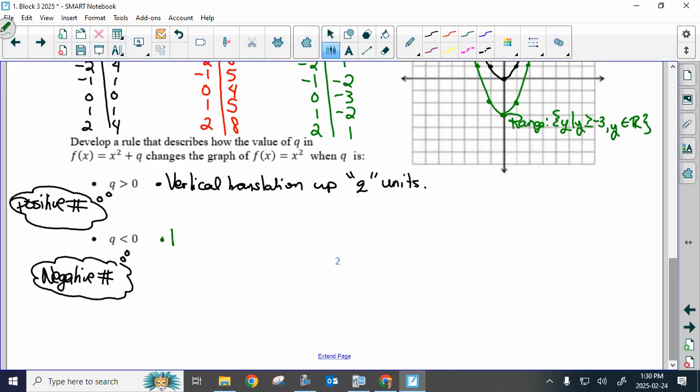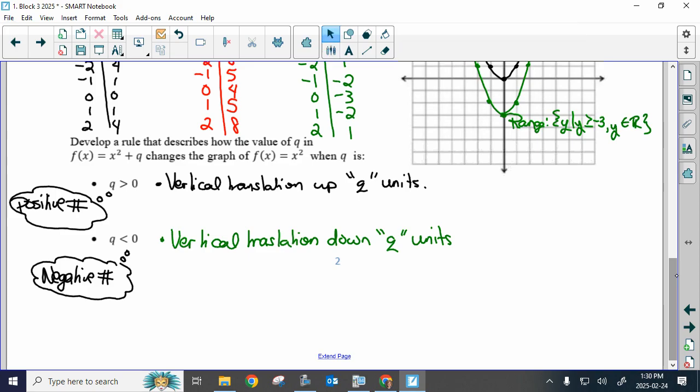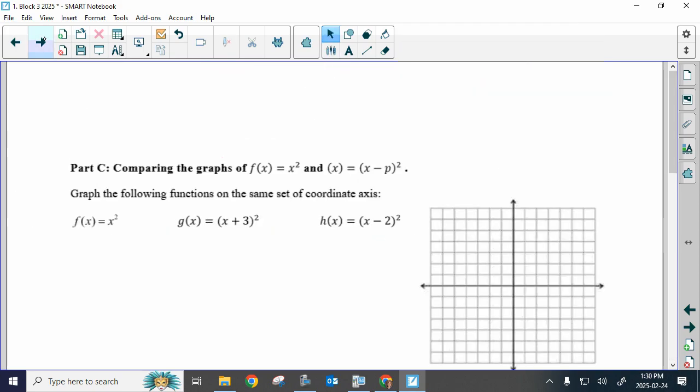I would describe that as a vertical translation down q units. This is the first time I really introduced you to a lot of the language of pre-calculus. You guys are going to have to use the language of pre-calculus. Now, last one, and then we're going to put all the details together.